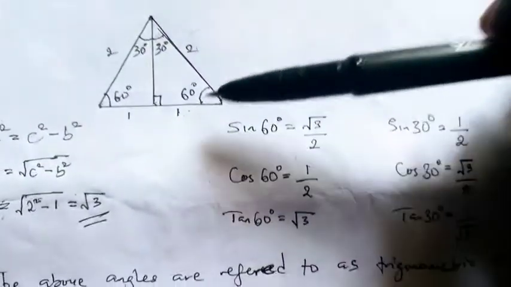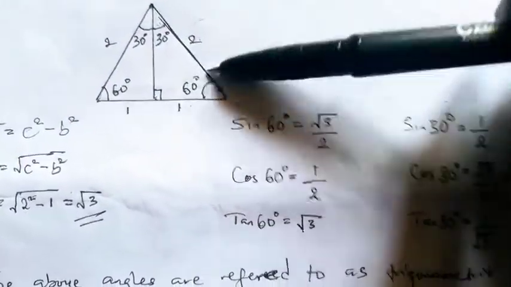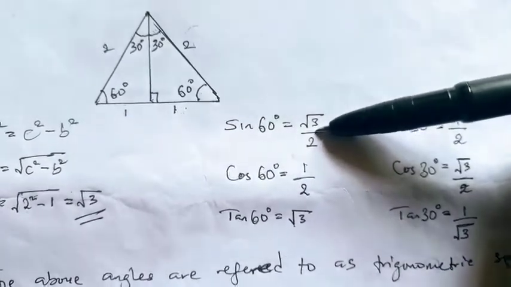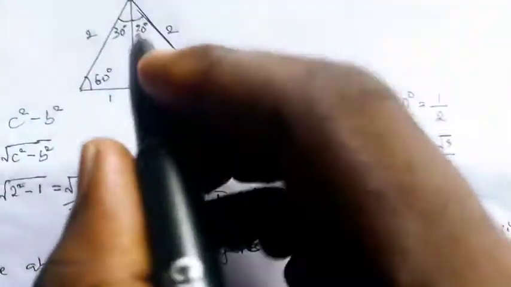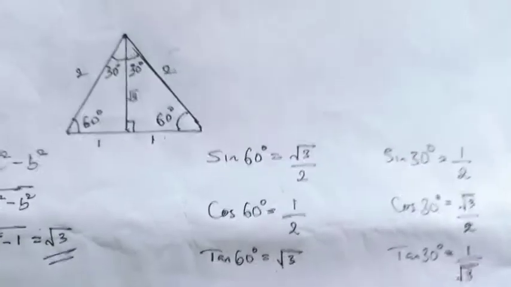Now, evaluating the sine, cosine, and tan of my 60 degree here, I have that my sine 60 degree is equal to opposite over hypotenuse, and that is what we have just gotten here, that the opposite is the square root of 3.